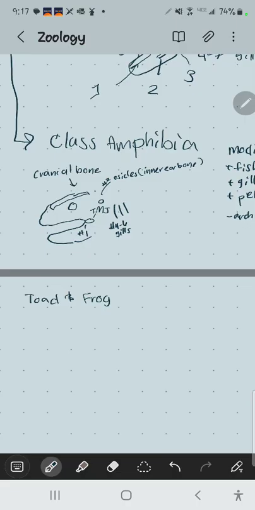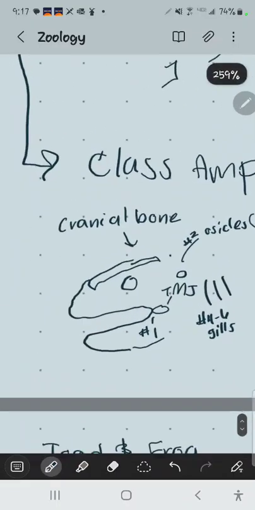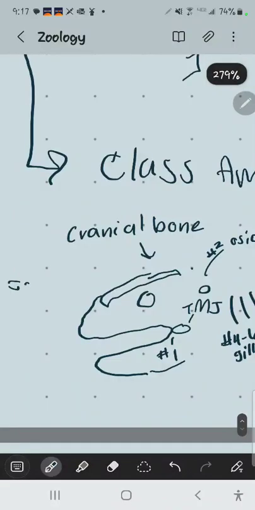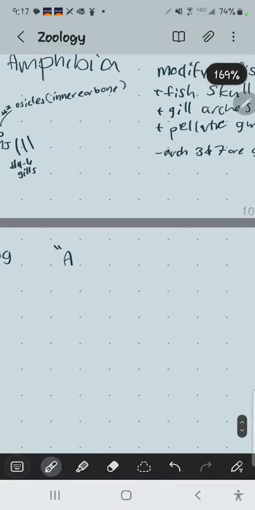I'll write this down here. Here's our little frog skeleton. So Anura is basically the frogs and toads, and what Anura means, this would be good to know for the test, is no tail.